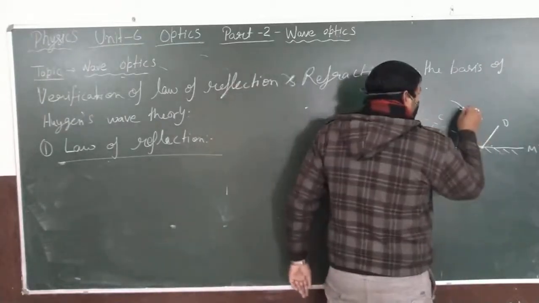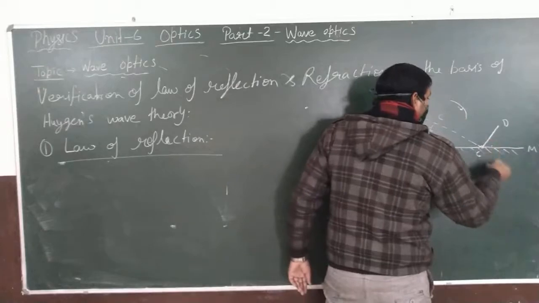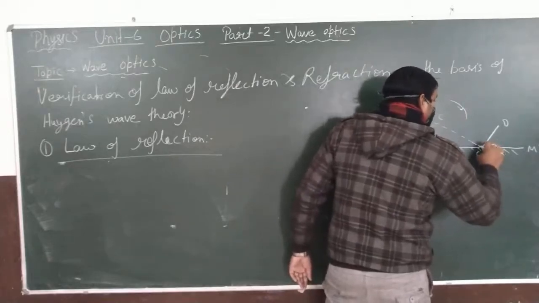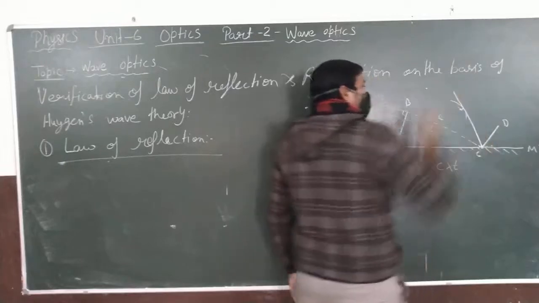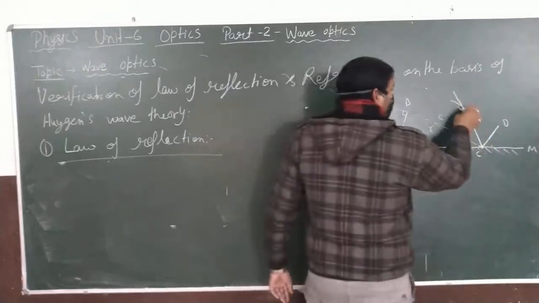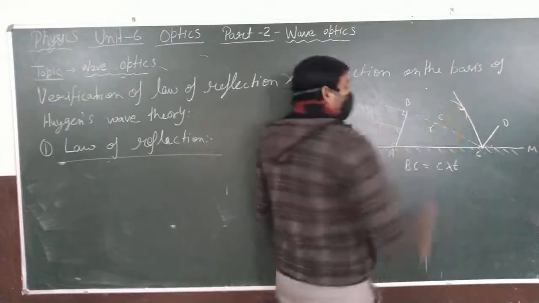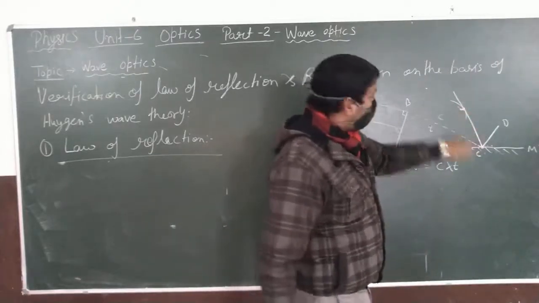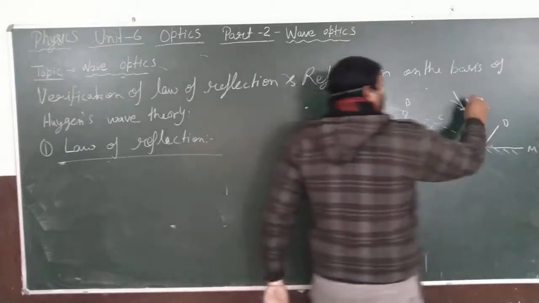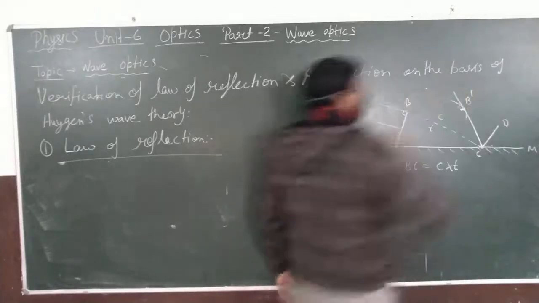We observe that the arc reaches here, and then this is joined from C. The point where it touches the arc, we call B dash.